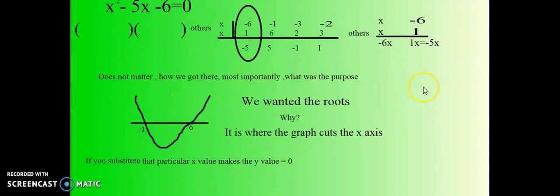Most importantly, what was the purpose of this? The purpose was to find the roots, meaning where this graph cuts the x-axis. If you substitute that particular value of x in the original function, it will render a 0.